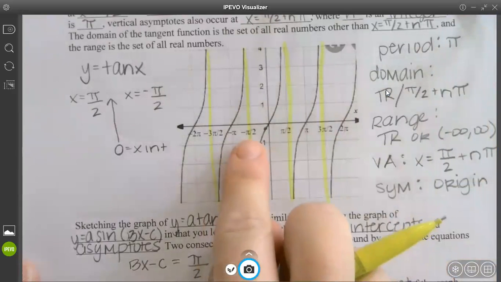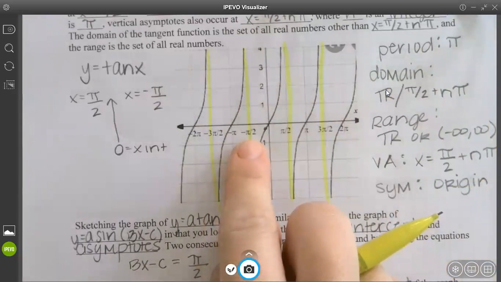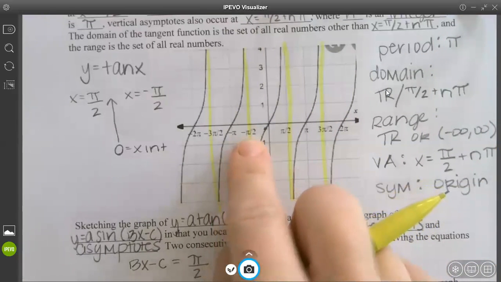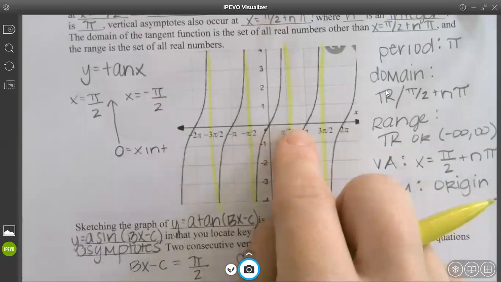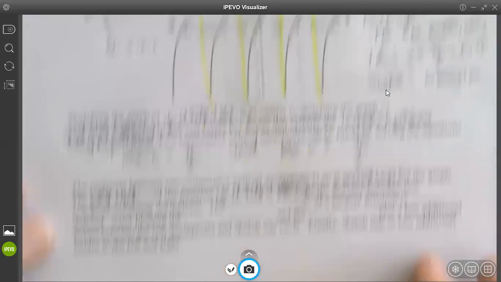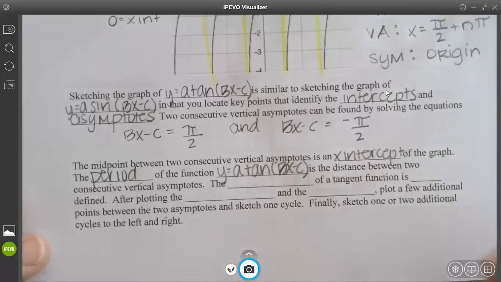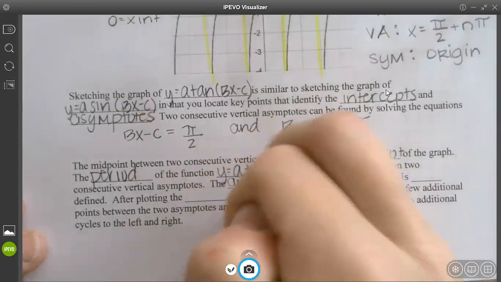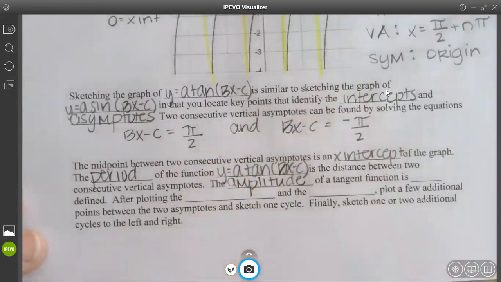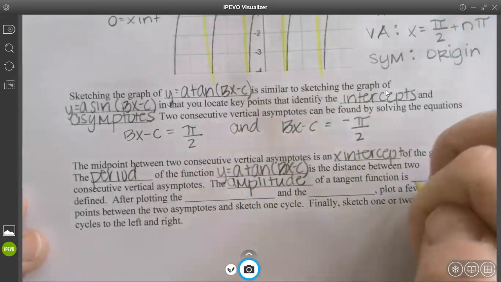Pi, because how far is it from negative pi over 2 to 0? Half of pi. And then the other way is another half. 2 halves make a whole pi. Does everybody see it? So that's your period. The amplitude of a tangent function is not defined.